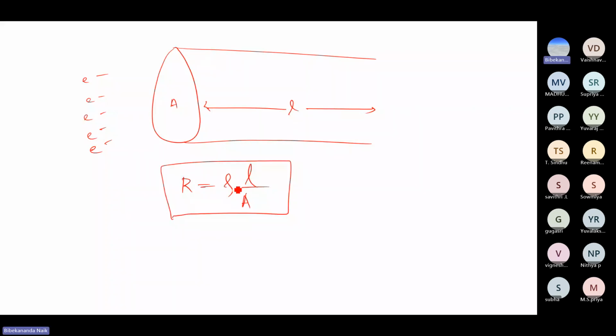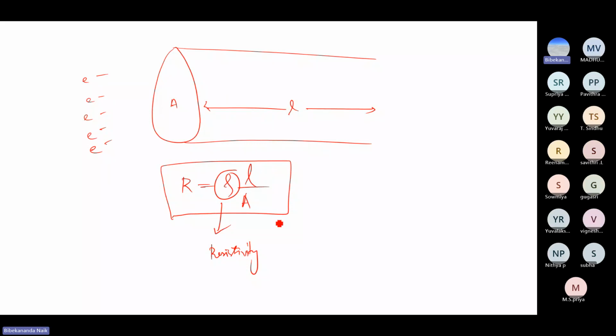So why is the formula so? Because this quantity is called resistivity, which depends upon the material, and L is the length of the wire and A is the area of cross section. First we need to think about how the resistance arises.